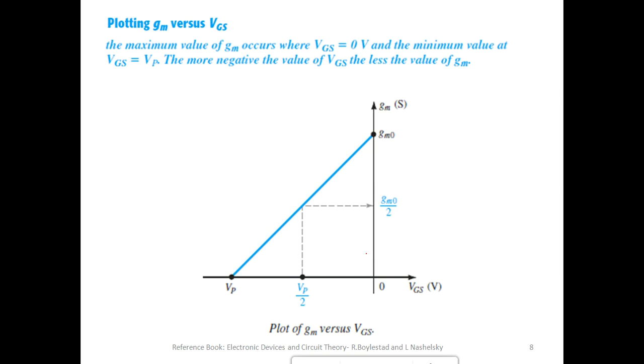With respect to the plots, the graph of transconductance versus VGS, you will observe a linear dependence. When VGS is equal to 0, the transconductance is maximum. When VGS is equal to Vp, the transconductance is minimum.